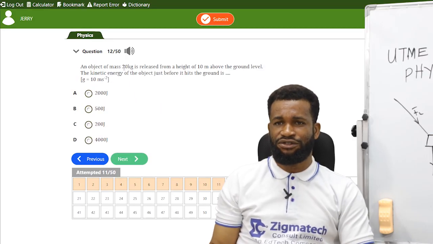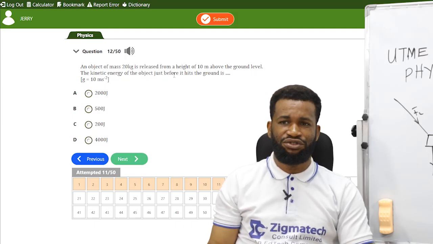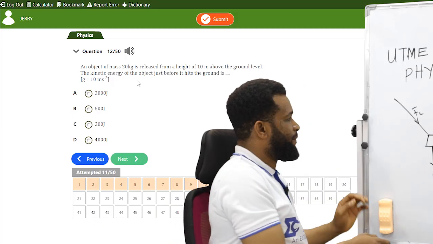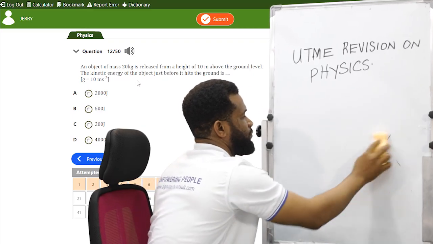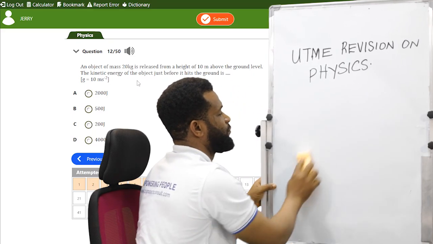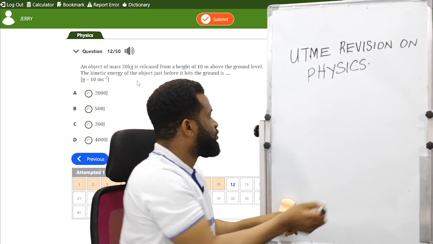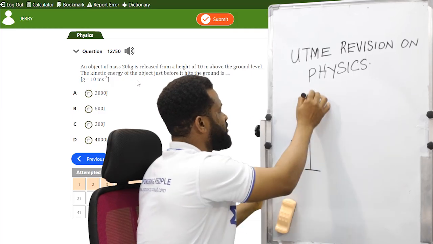An object of mass 20 kilogram is released from a height of 10 meters above the ground level. The kinetic energy of the object just before it hits the ground is. So let's assume this is a height, 10 meters.